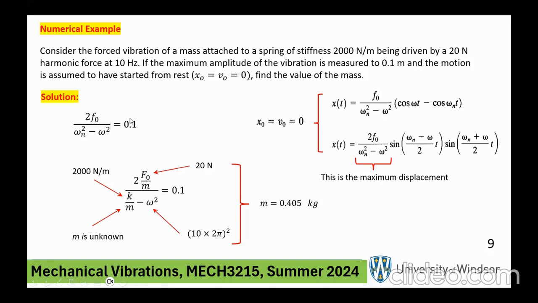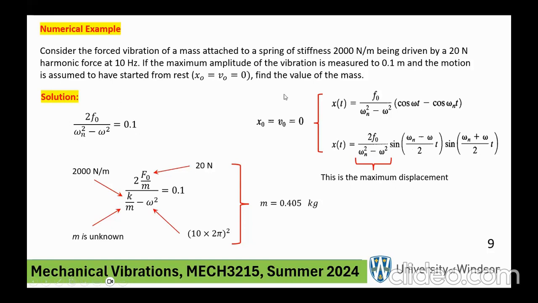It is kind of misleading because when I said that the amplitude of vibration is 0.1, you might have said, well, how did you know that this is the amplitude of the vibration? That is not obvious. This is the amplitude of vibration in this problem, but by no means is it obvious.